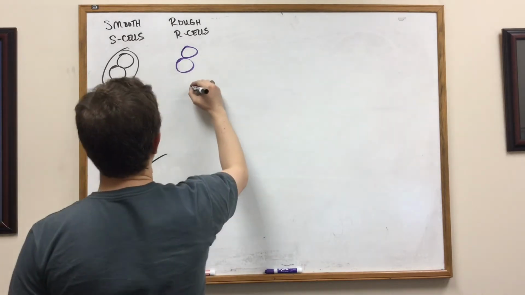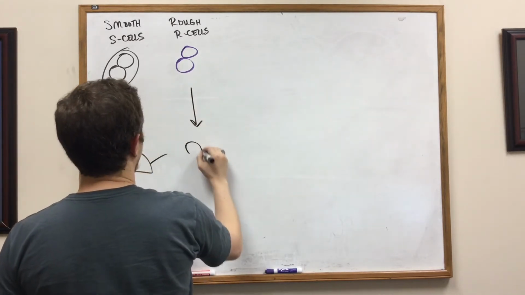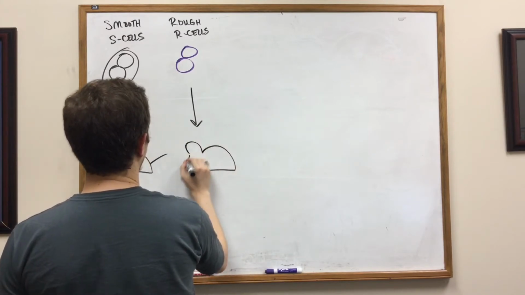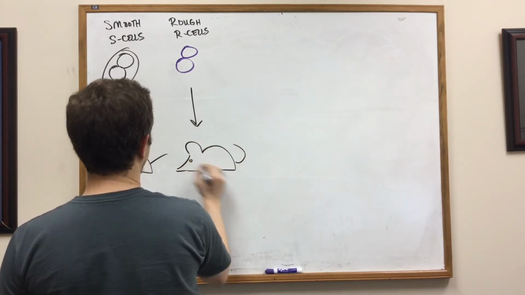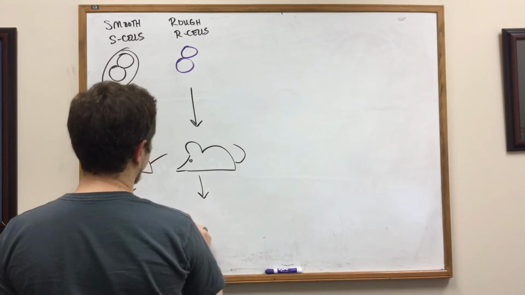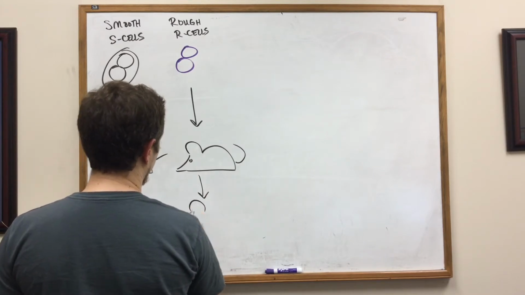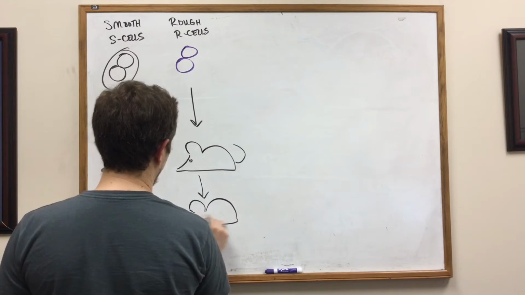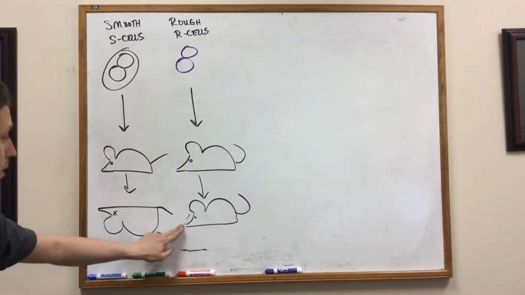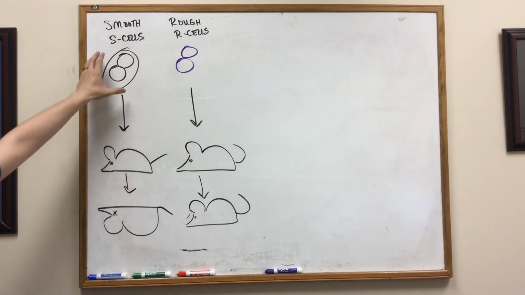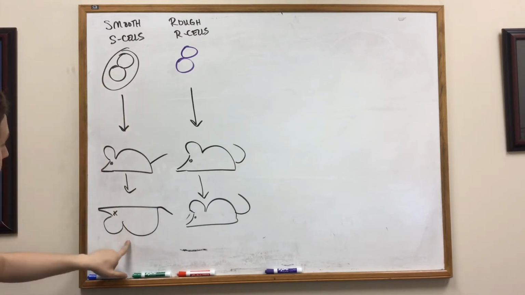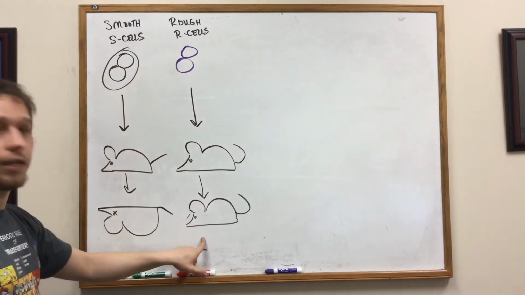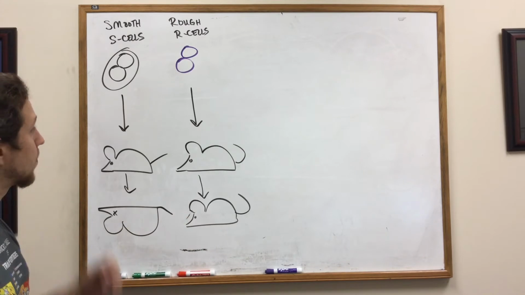They also took these non-pathogenic cells and injected them into a mouse. And when they did that, the mouse lived. So these initial controls were simply establishing that these are pathogenic and they cause death. These are non-pathogenic and they don't cause death.